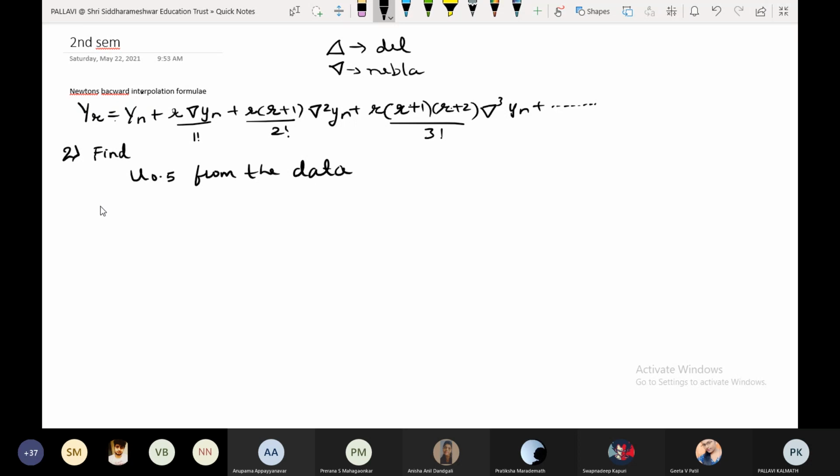Write the question from the given data. Data is u0 equals 225, u1 equals 238, u2 equals 320, then u3 equals 340. Okay. Come to the solution.